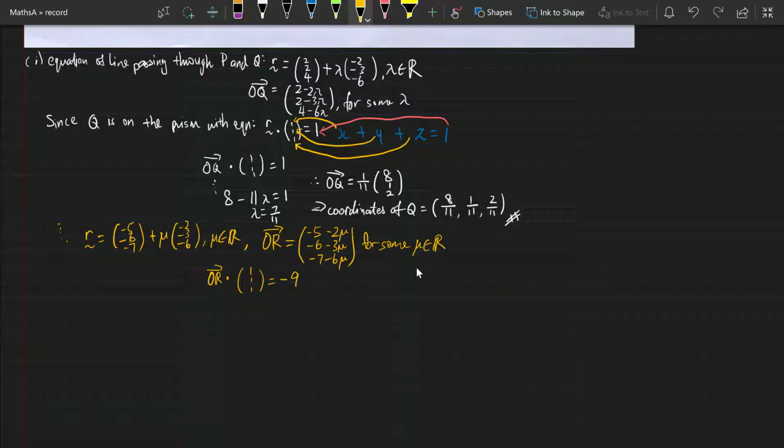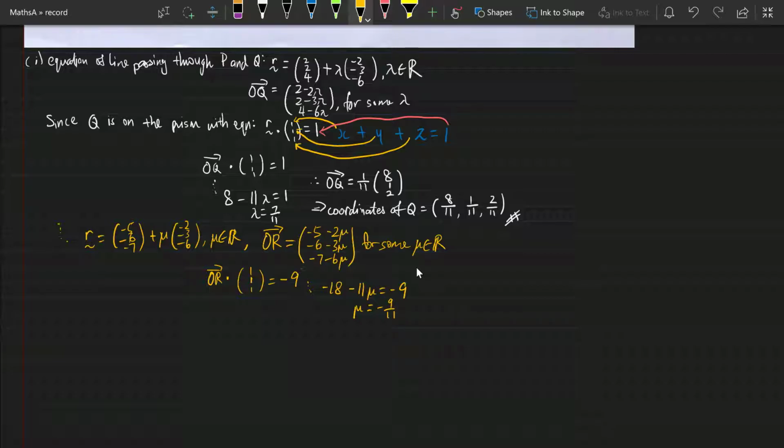They have the same normal vector though. So you repeat this process: you substitute this entire thing in, do the dot product correctly, and you're going to get -18 minus 11 mu equals -9. Mu would give us -9/11.